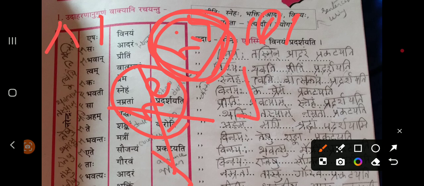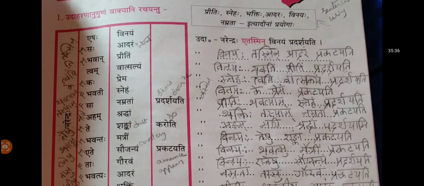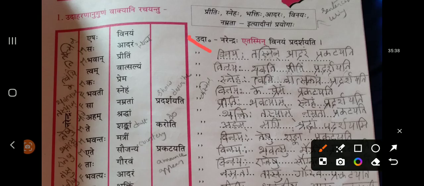Why? Because Vinay is one guy. I can't write dual or plural forms. So I write his interest, singular form. So finally my sentence became Vinayaha tasmin adaram prakatayati. Vinay expressed his interest. That's it.